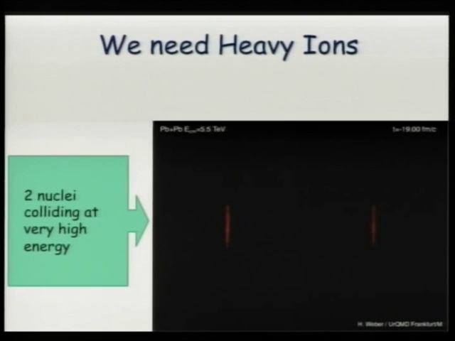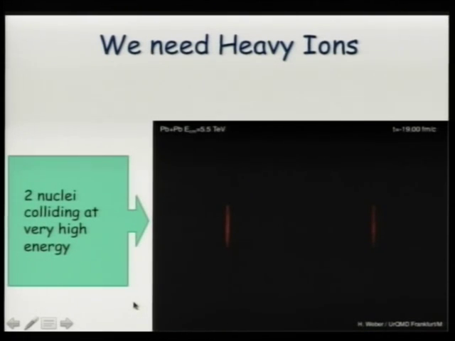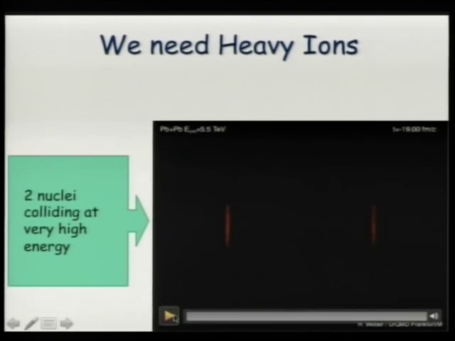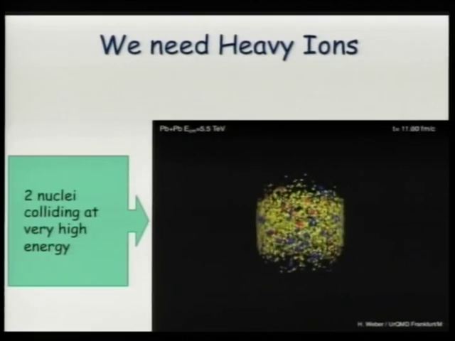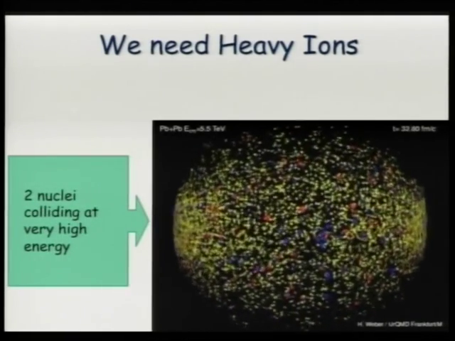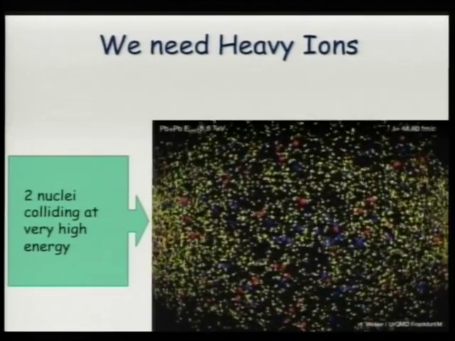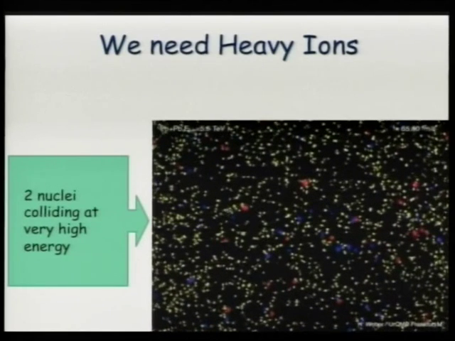Let's see if this video simulates two nuclei. You see a nucleus of lead here, and a nucleus of lead here, colliding. They arrive, they interact, they create new particles, and these particles travel into the detector, so we can reconstruct them.